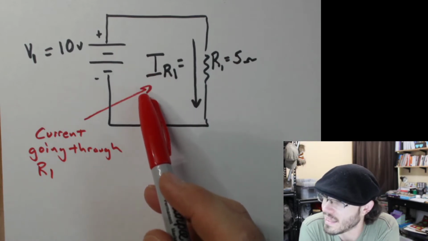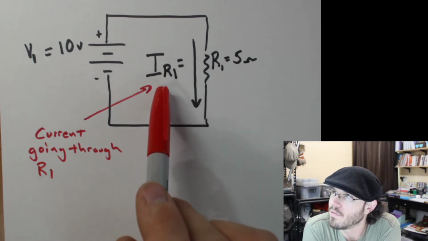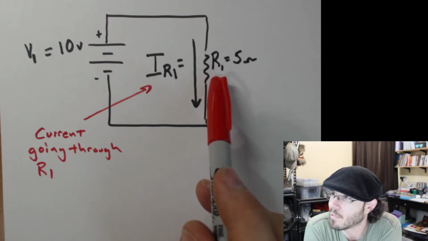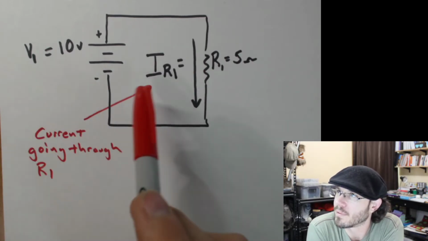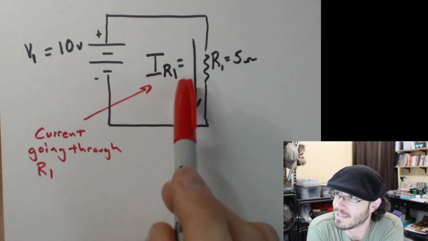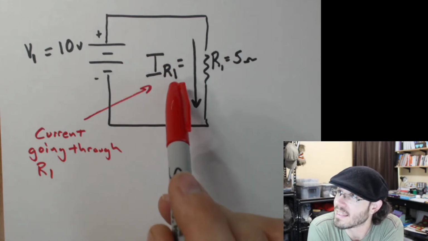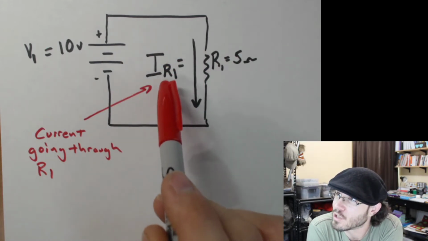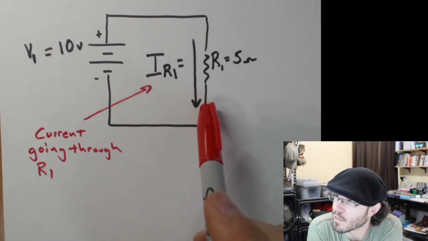Okay, that's all I'm saying there. If you notice, this one was made up. This one was made up. This is not made up. This is being driven. The subscript is being determined by where the current is going through, right?